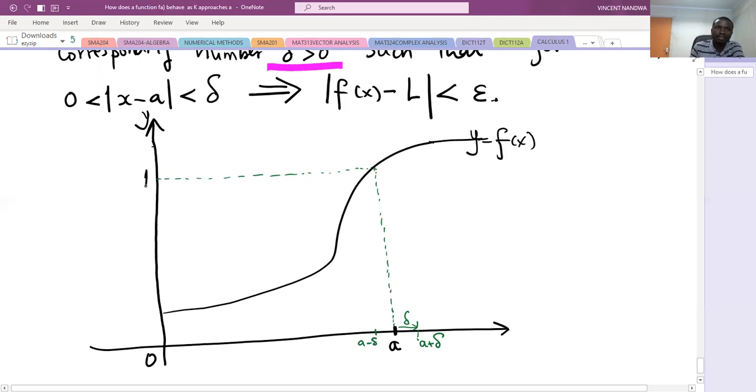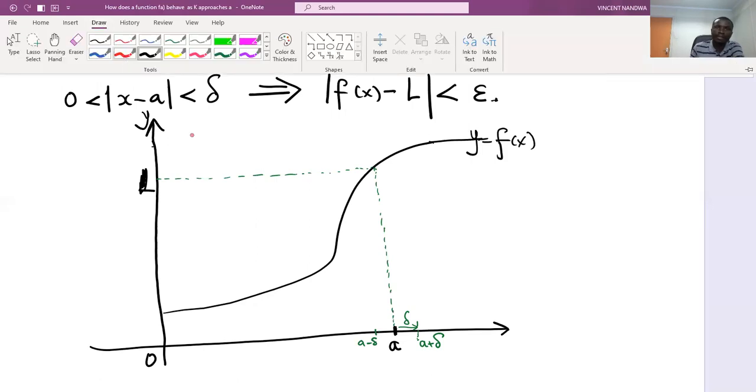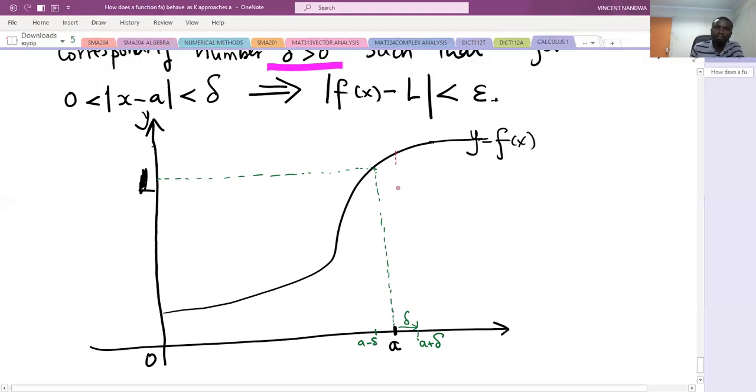So this way I have my L. So this small delta on x, when you project the same to the y-axis, causes epsilon on the y.